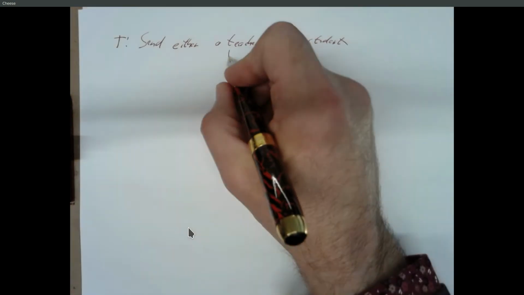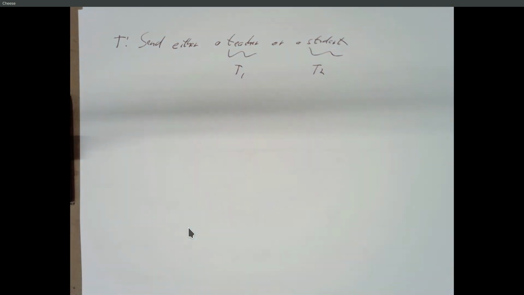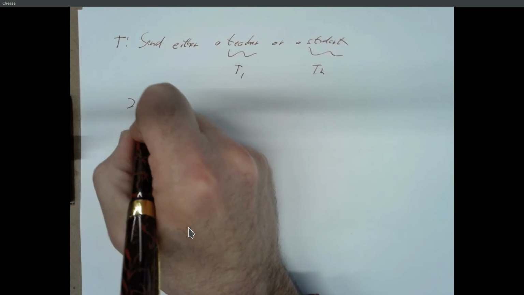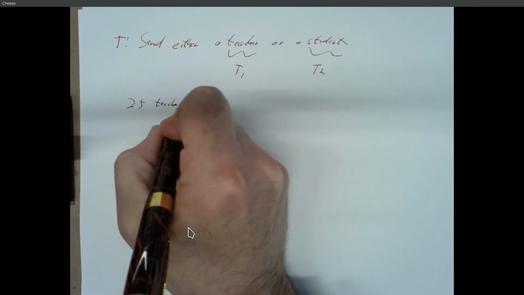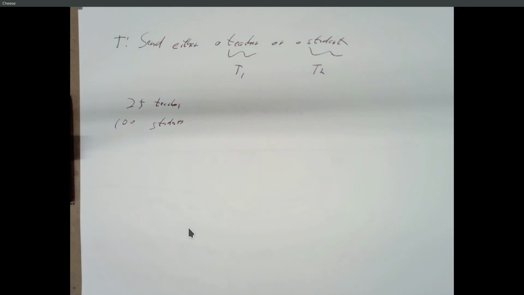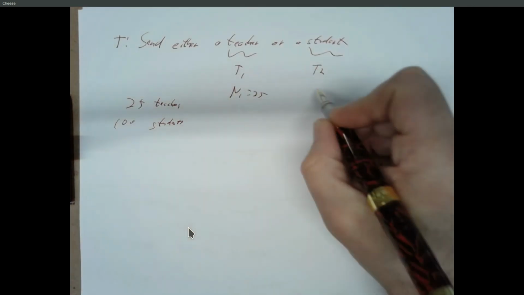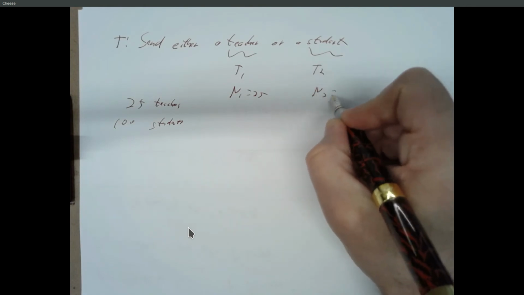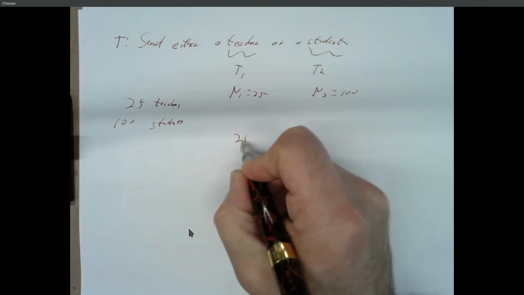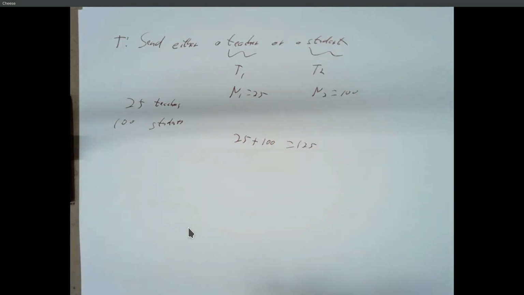We can either choose a teacher or we can choose a student. And let's suppose there's 25 teachers and there's 100 students. So the number of ways we can do task T1 is 25. The number of ways we can do task T2 is 100. So the total number of ways we can accomplish task T is 25 plus 100, which is 125.